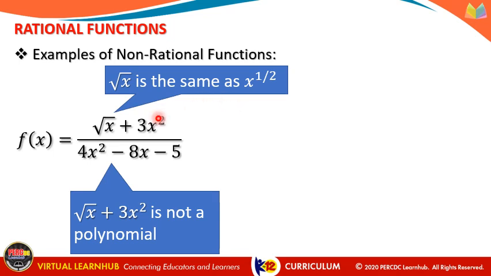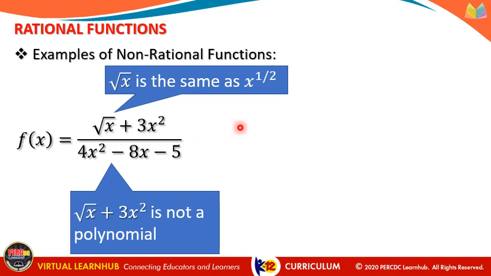So dahil yung exponent mo ay 1/2, hindi siya integer in the first place. Therefore, this is not a polynomial, and thus, the entire function is not a rational function.